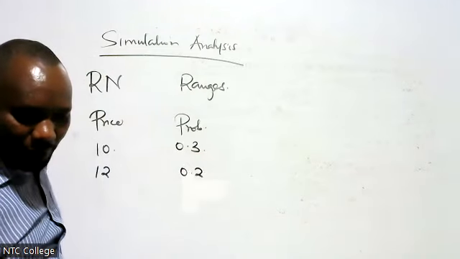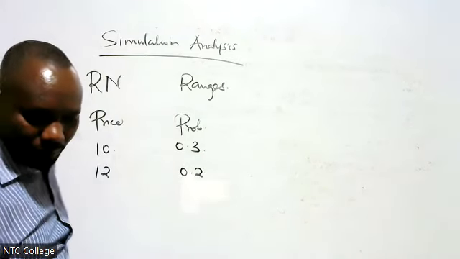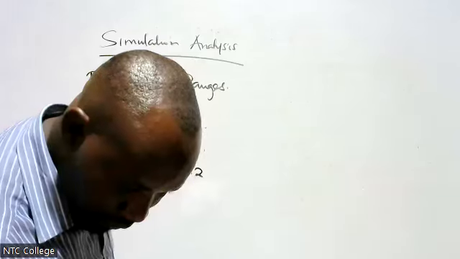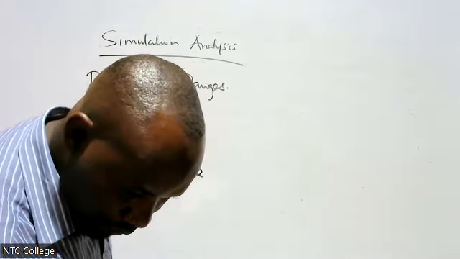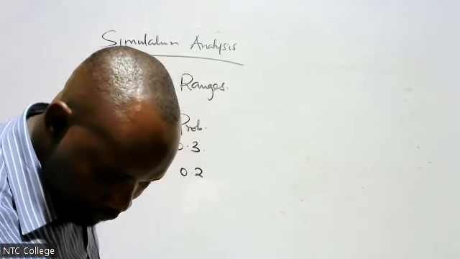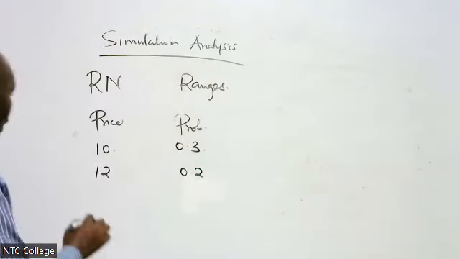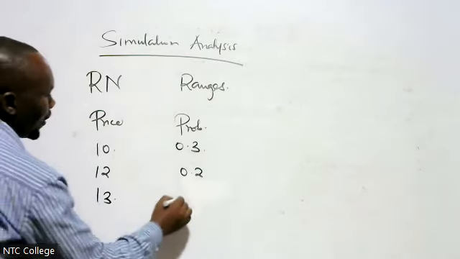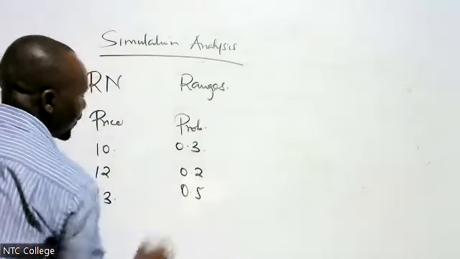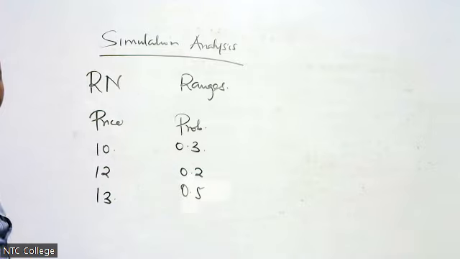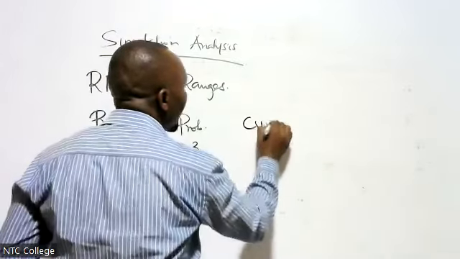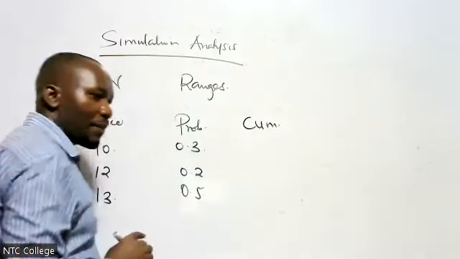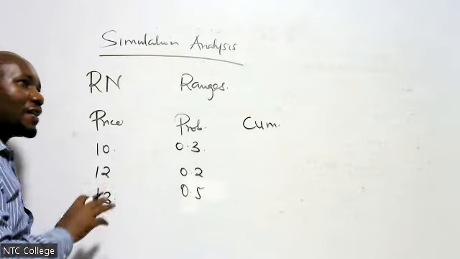Then we have 13 to be 0.5. At the end of the day, the probabilities must add up to 1. So if that is the case, then we can have our accumulated probability. So what we are trying to do is set the price that is working.